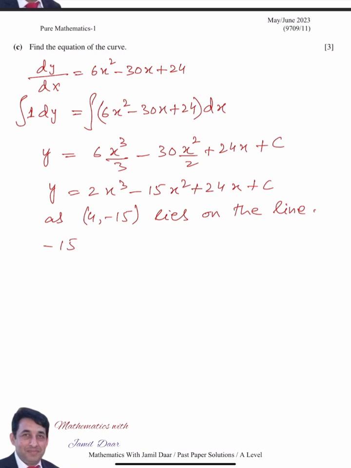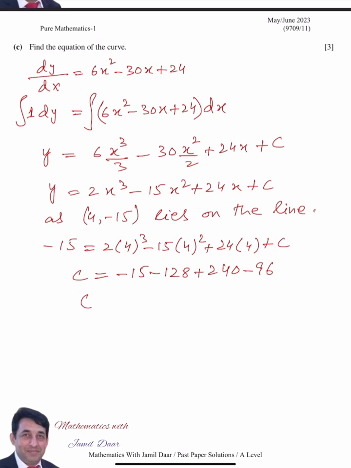Minus 15 is equal to 2 into 4 cube minus 15 into 4 square plus 24 into 4 plus c. So c is equal to minus 15, and we will bring all these to this side, minus 128 plus 240 minus 96, and c is equal to 1.